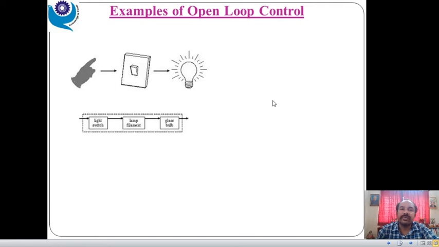Some examples of open loop control system that we can see simply: when we press a switch, the bulb glows. This bulb glows permanently unless and until we press the switch to turn off the bulb. So this is a simple open loop, isn't it? There is no automatic action as such, and there is no feedback as such. It is one way, direct.